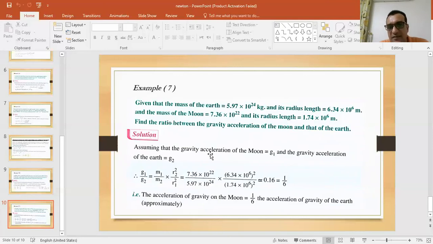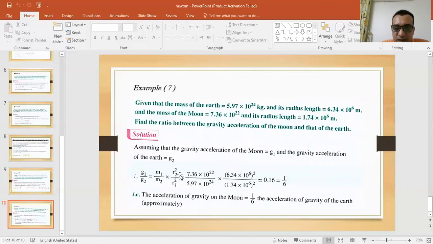Assume that the gravity acceleration of the moon equals g1 and the gravity acceleration of the Earth equals g2. We have g1 over g2 equals m1 over m2 multiplied by r2 squared over r1 squared. By replacing m1 equals 7.36 times 10 to the power 22, m2 equals 5.97 times 10 to the power 24, multiply r2 equals 6.34 times 10 to the power 6 all squared, and r1 equals 1.74 times 10 to the power 6 all squared.